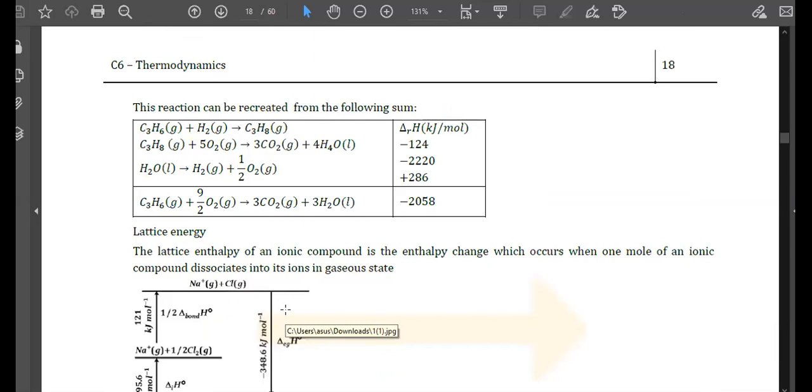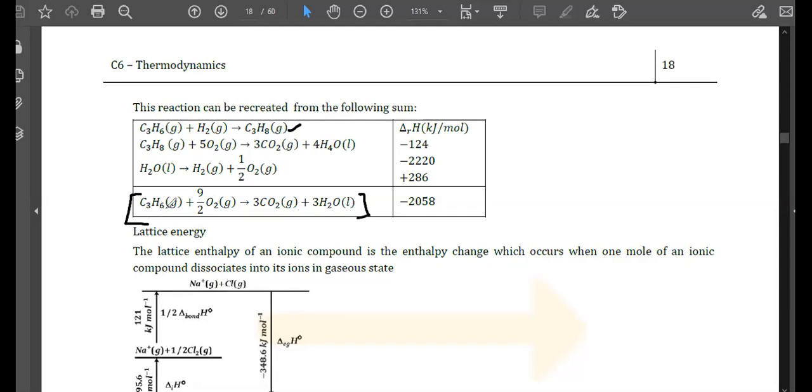Just see this example: C3H6 plus H2 gives C3H8, then C3H8 plus 5O2 gives this, and then H2O gives this. We have to find the enthalpy of this reaction. Look at the reactants to understand which reaction you need to add, which to subtract, and what to multiply.